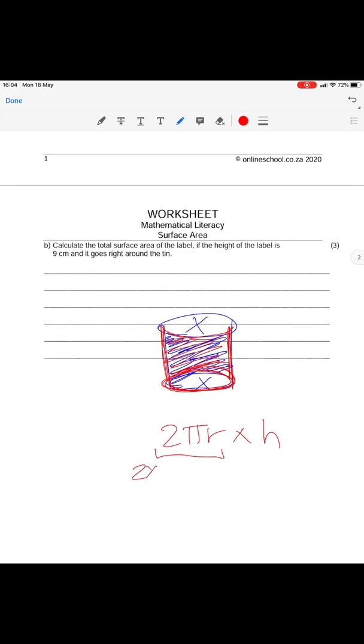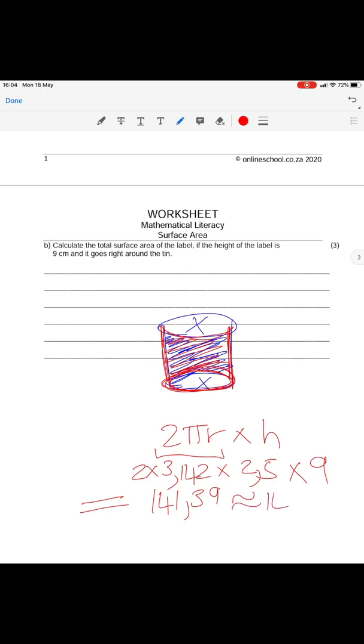So that is 2 times 3,142 times your radius, which is 2.5 centimeters, and your height has been given as 9 centimeters. And you then get a surface area of your label of 141,39, which you must round to the nearest whole number, 141 centimeters squared.